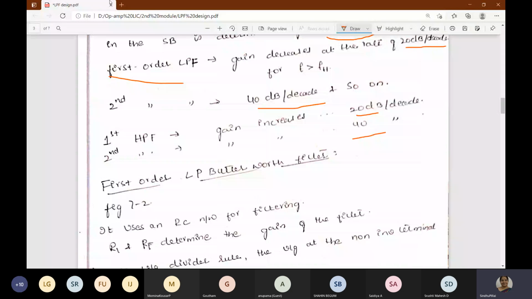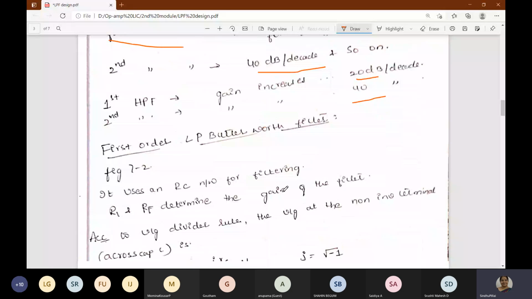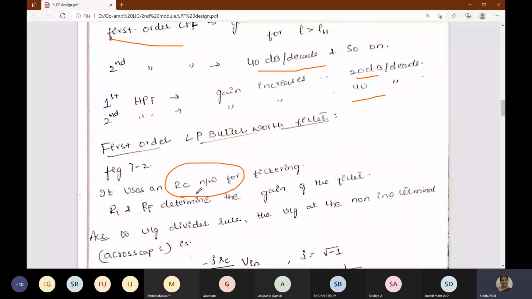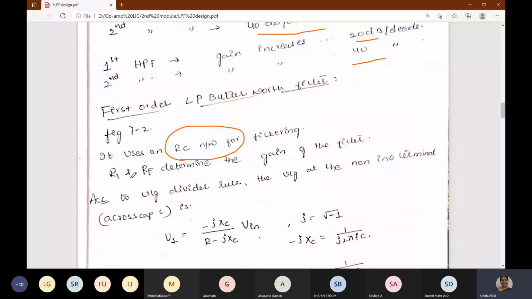The gain, whatever it is, is a straight line. This low pass Butterworth filter uses an RC network for filtering. That is important. All the filters will be designed with this resistor and capacitor network. And R1 and RF are the feedback resistances. They will decide the gain of the filter.